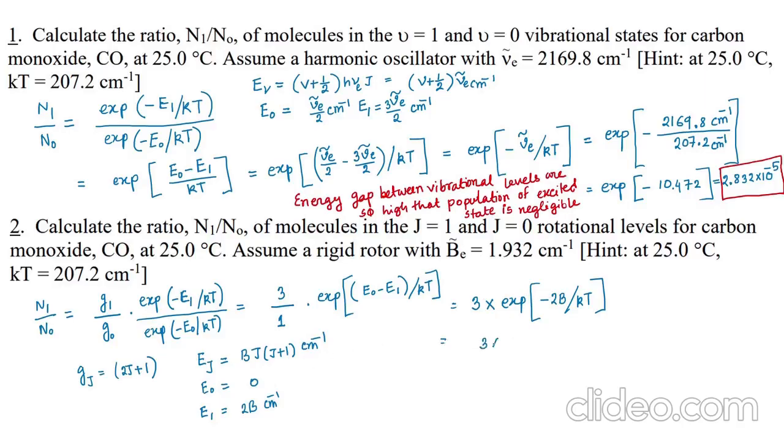So 3 into exponential, this is how much? This is minus 463.8, right? Divided by 207.2 centimeter inverse. In the numerator also centimeter inverse, in the denominator it is centimeter inverse, so it will get cut. Eventually I will give you the answer.